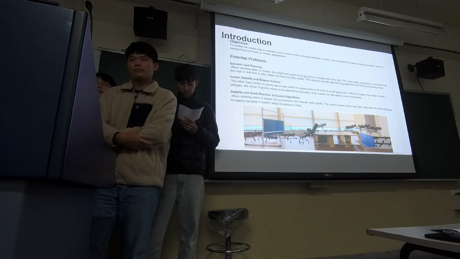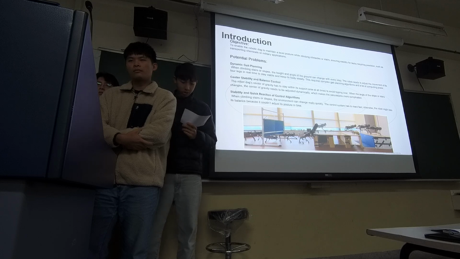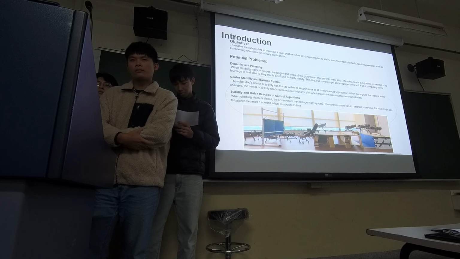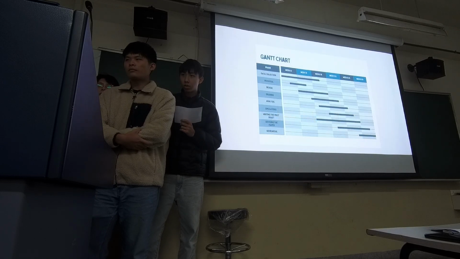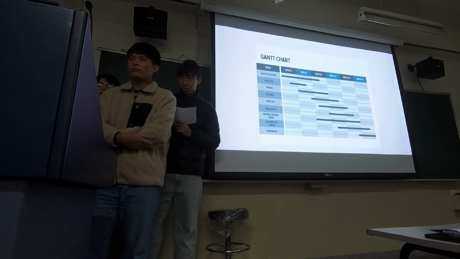The potential problems we may face include the following three items: dynamic gait planning, center of gravity stability and balance control, and stability and quick reaction of control algorithms. And this is our schedule.